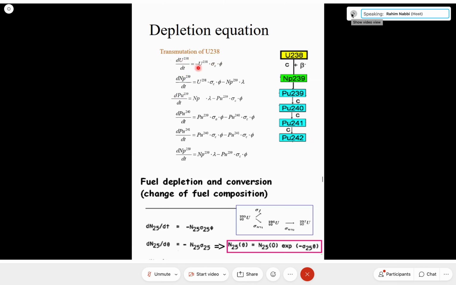For this reason, it has only the loss term, because of capturing neutrons. Here the right-hand side is the reaction rate, capture rate or absorption rate: the capture cross-section, the neutron flux at the position where the fuel element is, and here the number density of this nuclide.